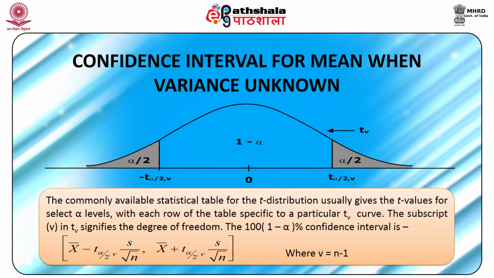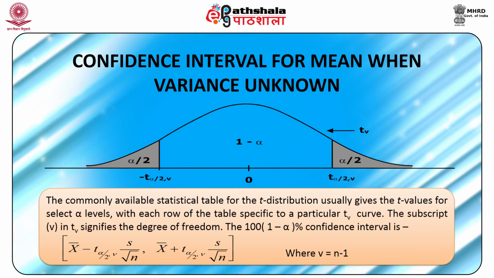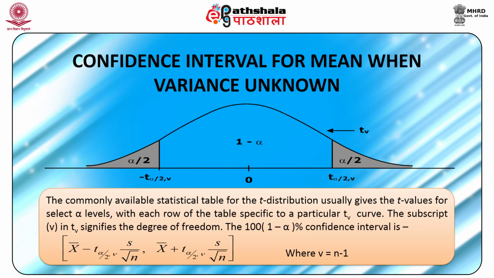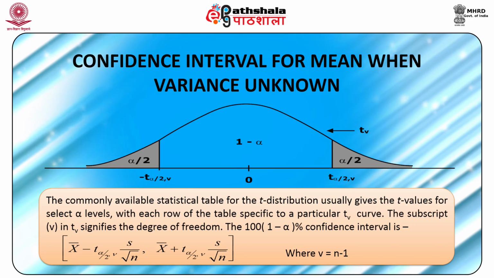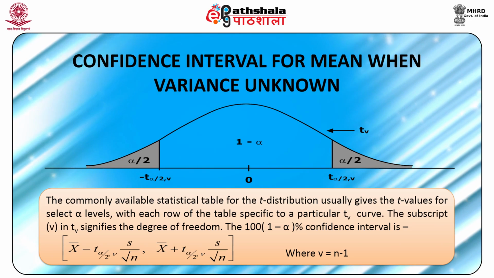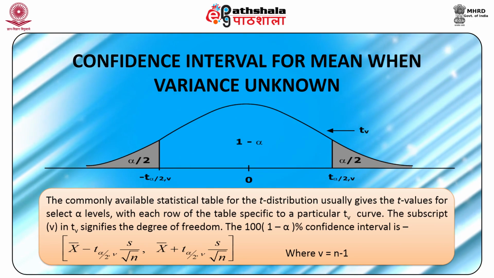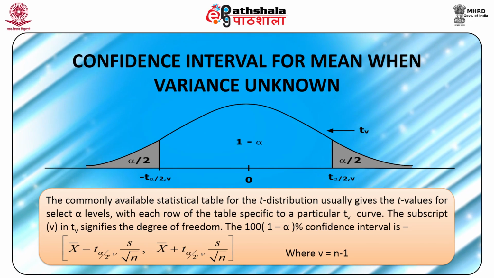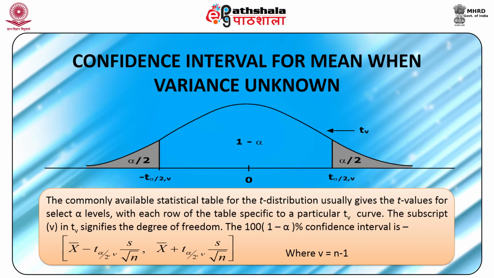Suppose we have a large sample, n greater than or equal to 40. The confidence interval for the population mean is derived as described earlier. Then we can use the Z distribution with the help of the central limit theorem.